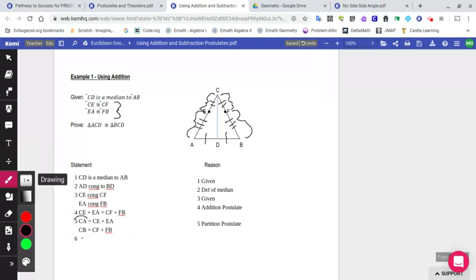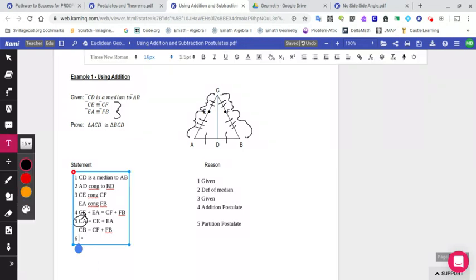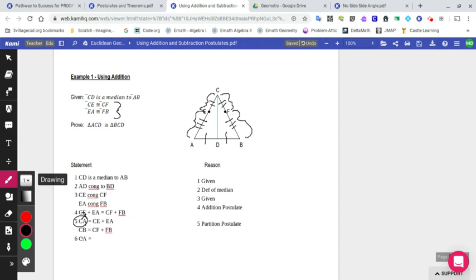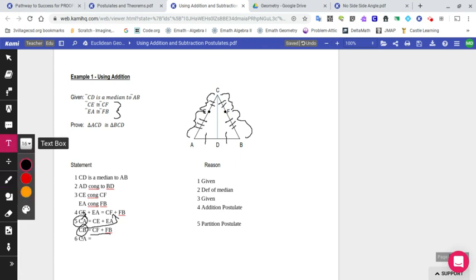CA, and I'm going to substitute for its equal into this expression, the one above it, and that's going to become down here. CA equals, and I'm going to take CB, which is here, and I'm going to substitute it for its equal in the same expression. So now I'm getting CA equals CB.